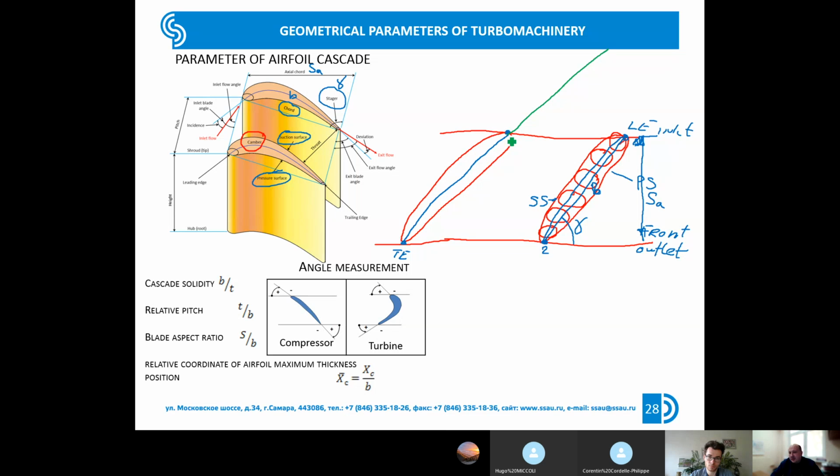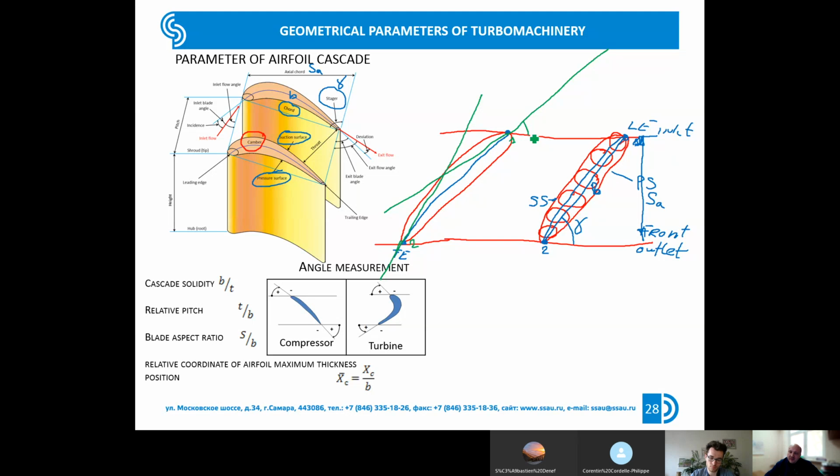This is the tangent line to the camber line. Of course, for me it's very hard to draw a straight line, but I hope you understand me. And we will do the same at point number 2 for the trailing edge. We draw a tangent line to the camber line at the outlet. So, in other words, we create two tangent lines, tangent to the camber line at the inlet and at the outlet.